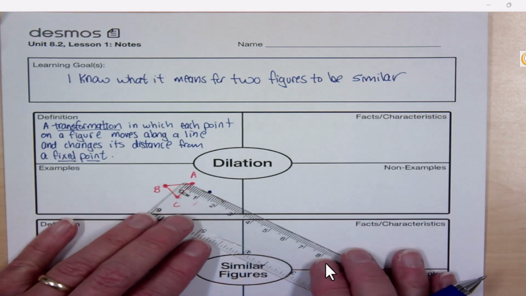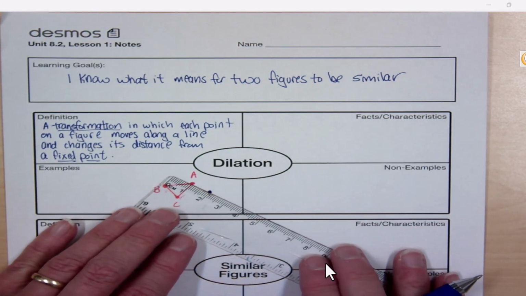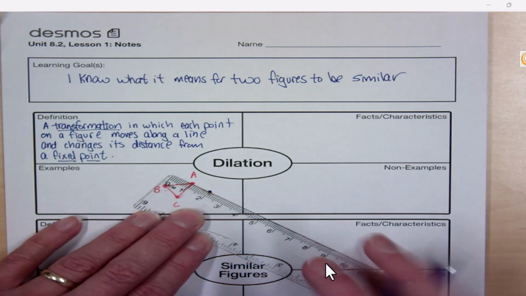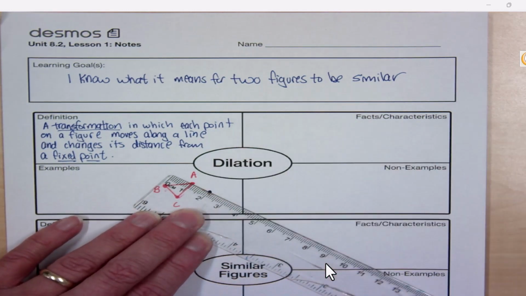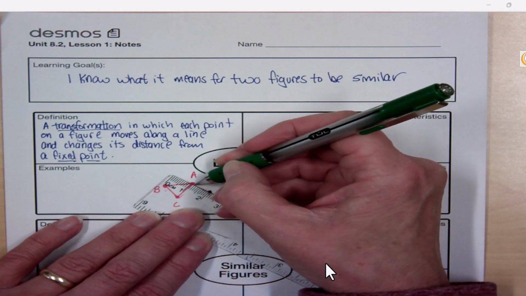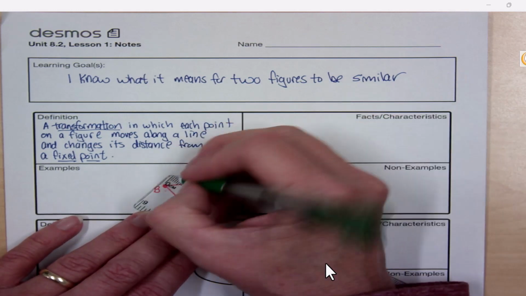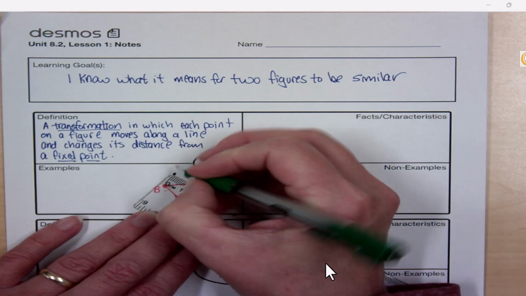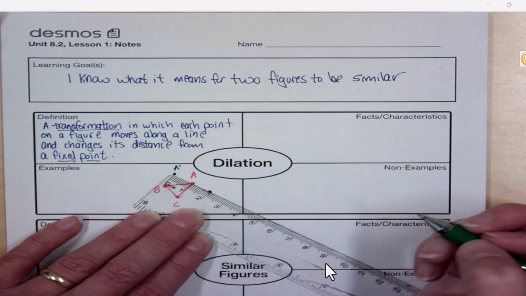Okay, so I am going to transform this point A, moving from this fixed point through that point on the figure, and I'm going to put my new point here. I'll call it A prime.